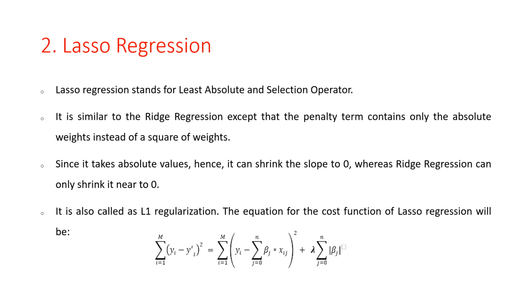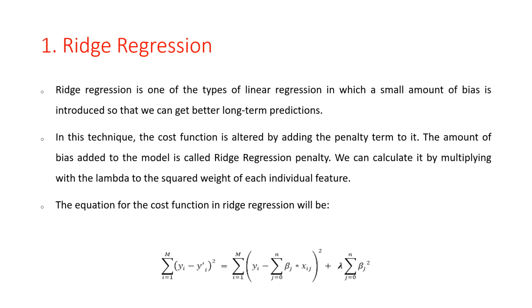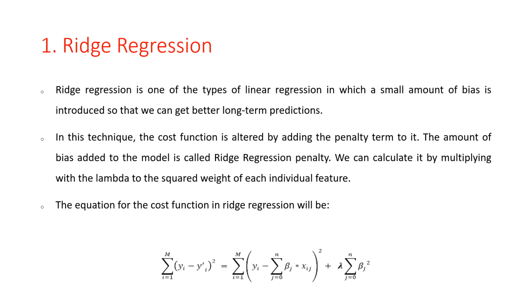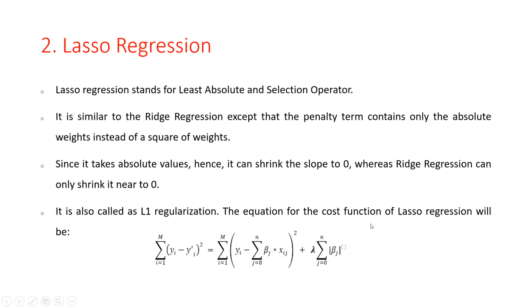The cost function equation for lasso is like this, with the magnitude of bj instead of the square. So some of the features in this technique are completely neglected for model evaluation.